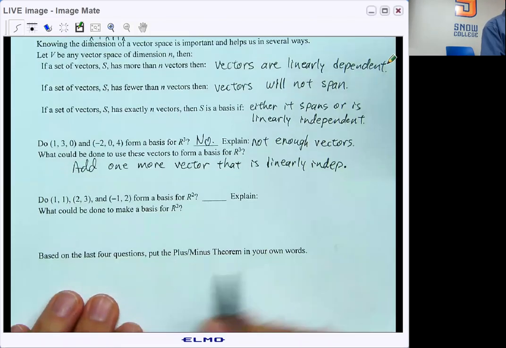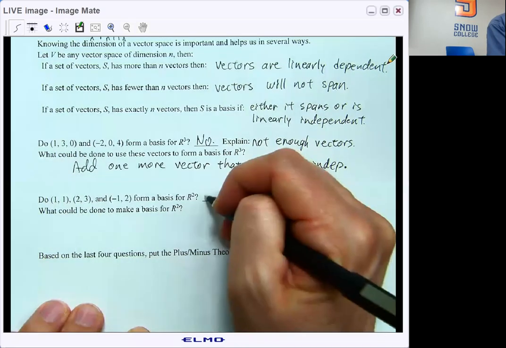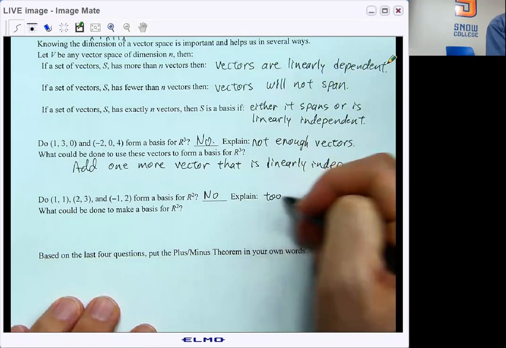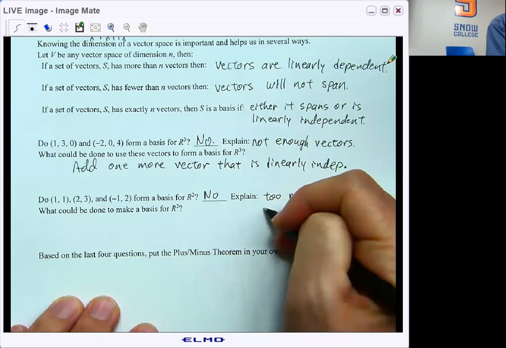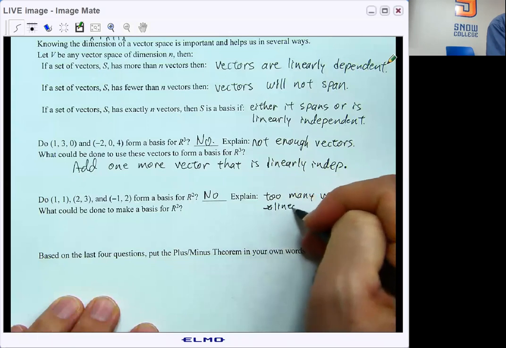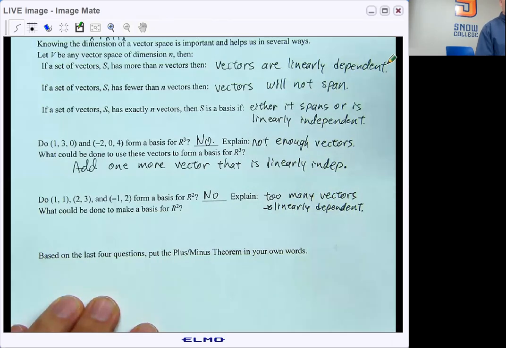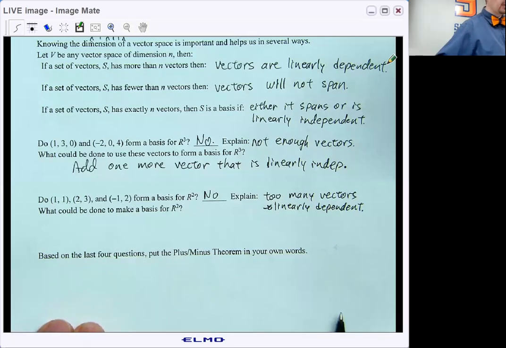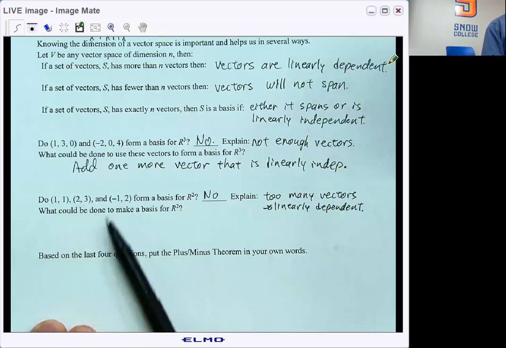What about these vectors: 1, 1, 2, 3, and negative 1, 2? Do they form a basis? No. Why? There were too many vectors. Therefore, they were linearly dependent. So what could we do to turn this set of vectors into a basis? Well, as we saw in our previous section, you can express one of those vectors as a linear combination of the other vectors.